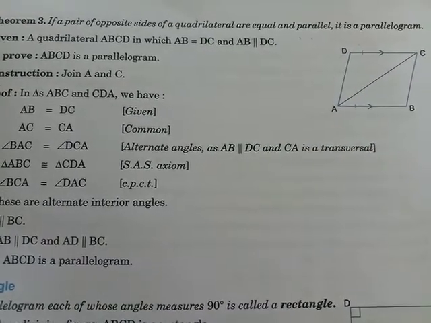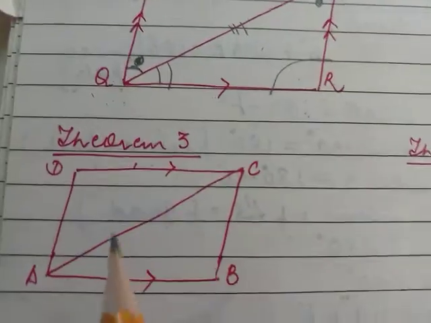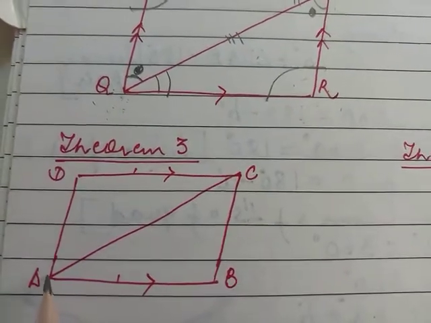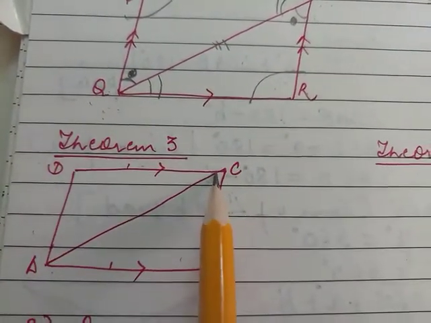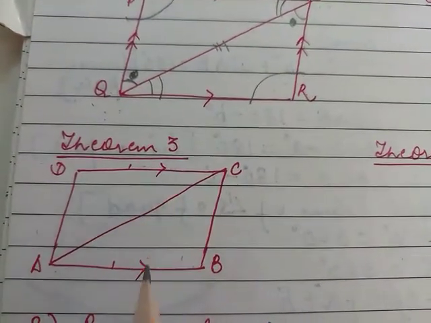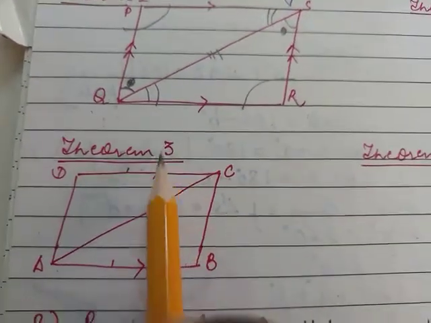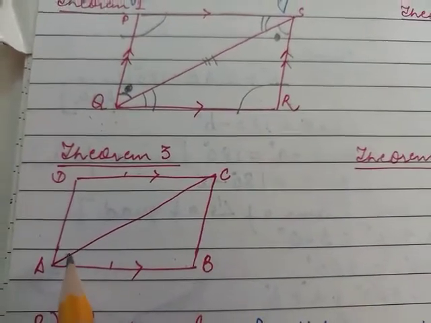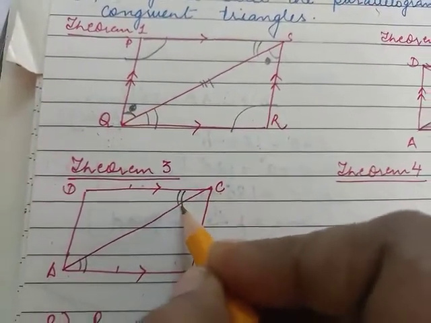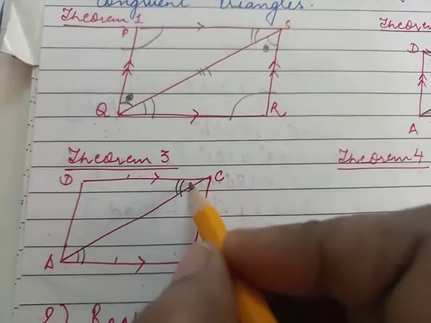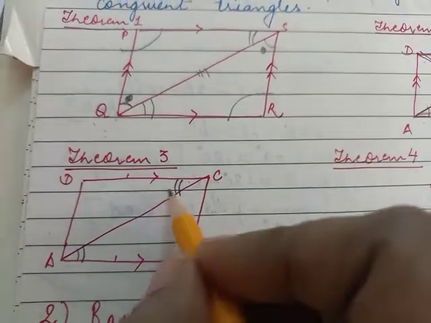Let's see its proof. Here we are given the quadrilateral ABCD, whose side AB is equal to DC and AB is parallel to DC also. If these two lines are parallel, then angle A is equal to angle C, because these are alternate interior angles.